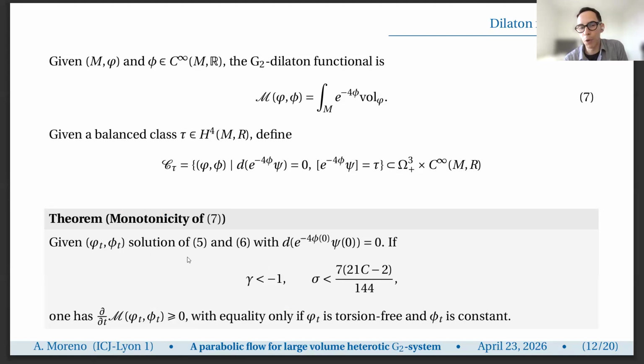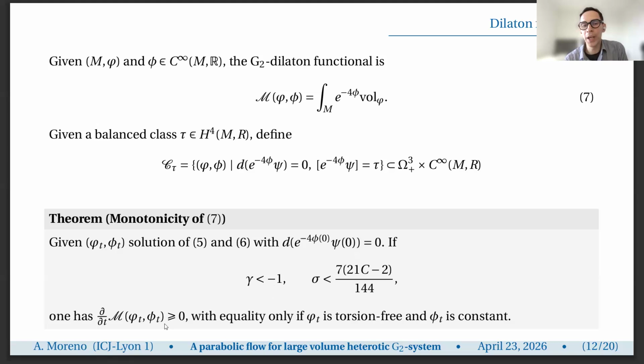what you find is that for the solutions of our coupled flow, the heterotic G2 flow, with conformally co-closed initial condition, if the parameters satisfy these bounds, the functional is non-decreasing and is going to be constant exactly for torsion-free G2 structures and constant maps.